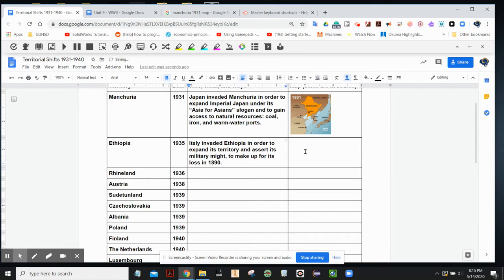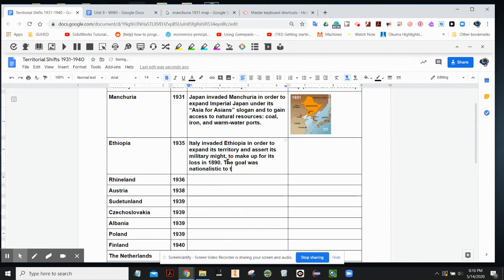So we can think about Ethiopia as kind of Mussolini flexing his muscle to say, hey, Italy's back, and you may have defeated us in the 1890s, but we're coming back strong. And it was a political reason to make up for its loss in 1890, to build confidence and nationalism. The goal was nationalistic, to prove that Italy was great.